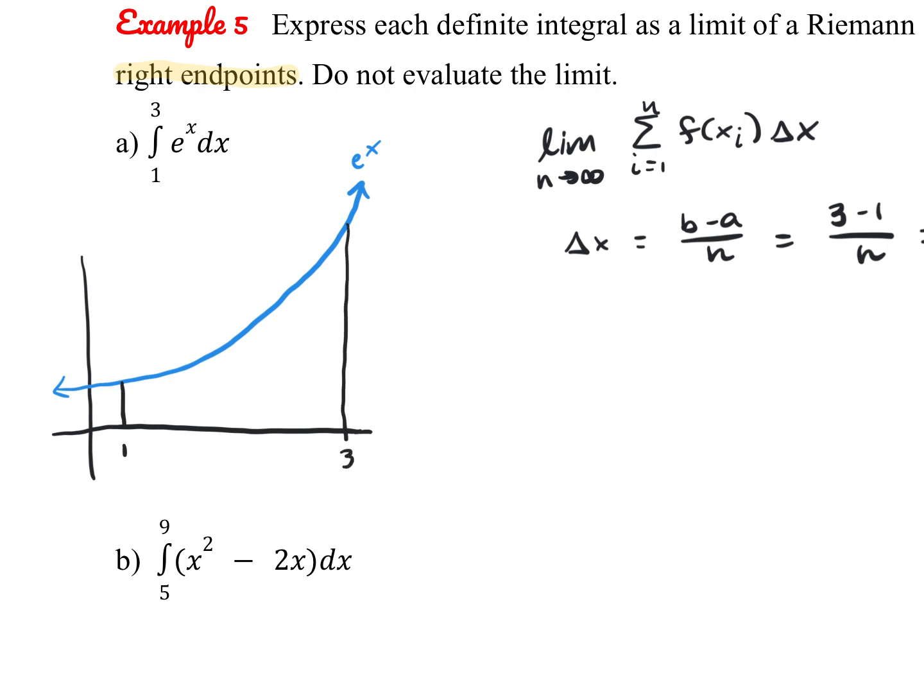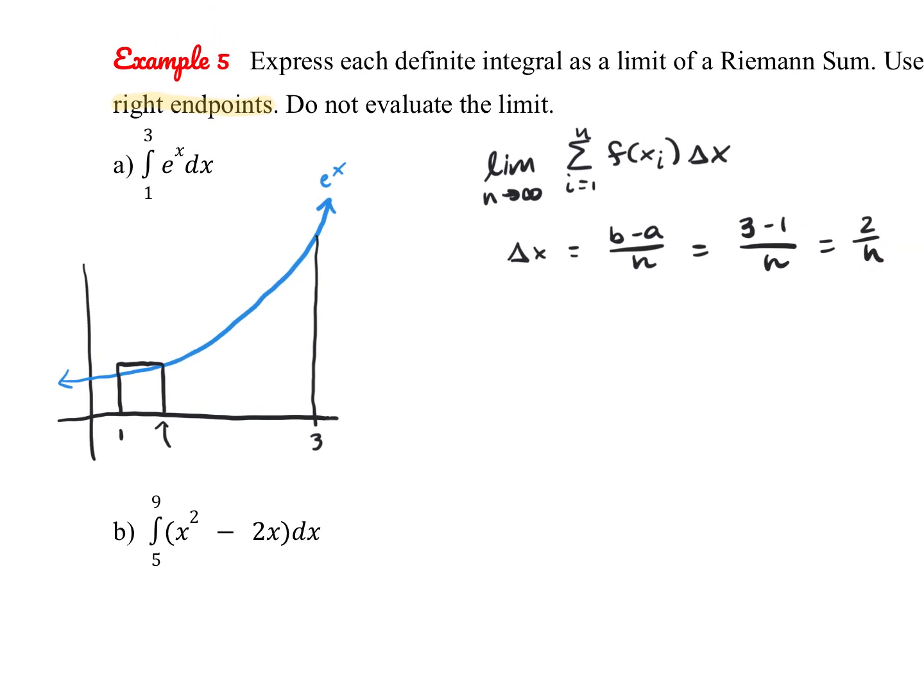Since we're doing a right endpoint approximation, we need to figure out how to define this height right here. If this is the right endpoint of our first rectangle, and the width of our rectangle for this example is 2 over n, this would be 1 plus 2 over n.